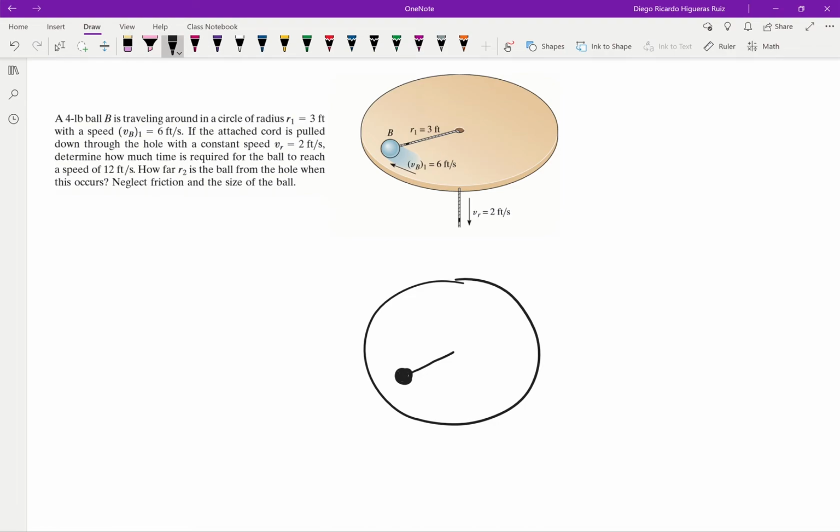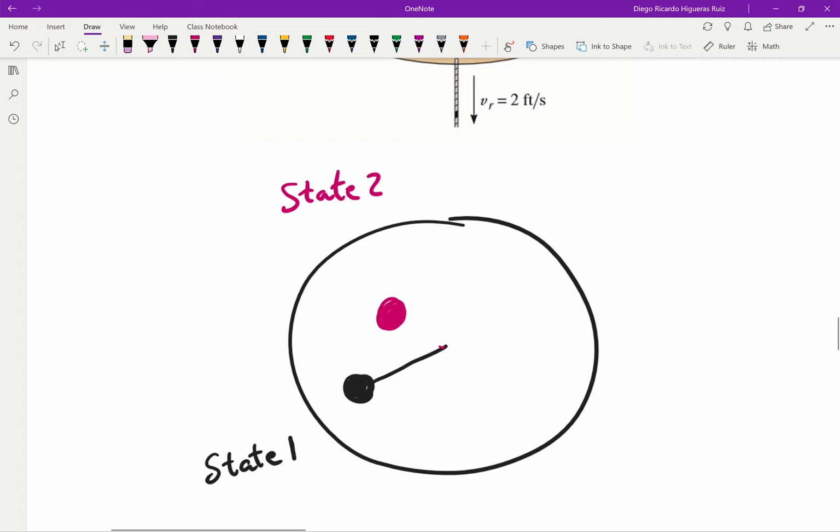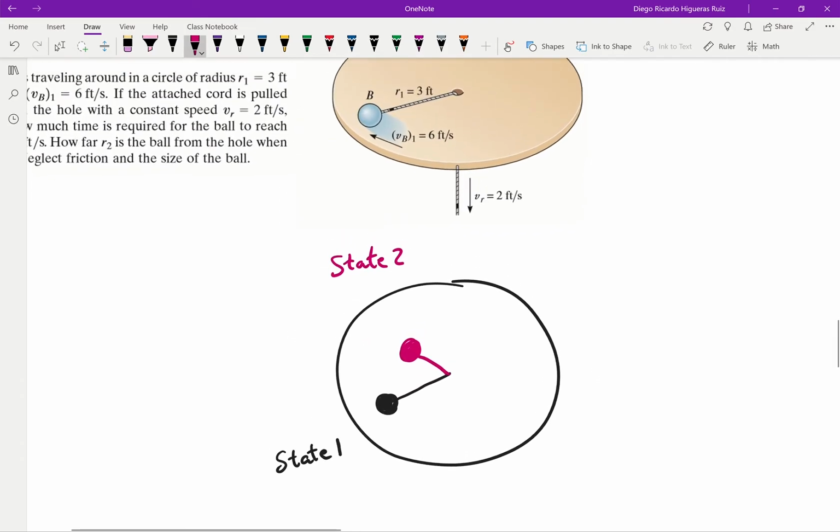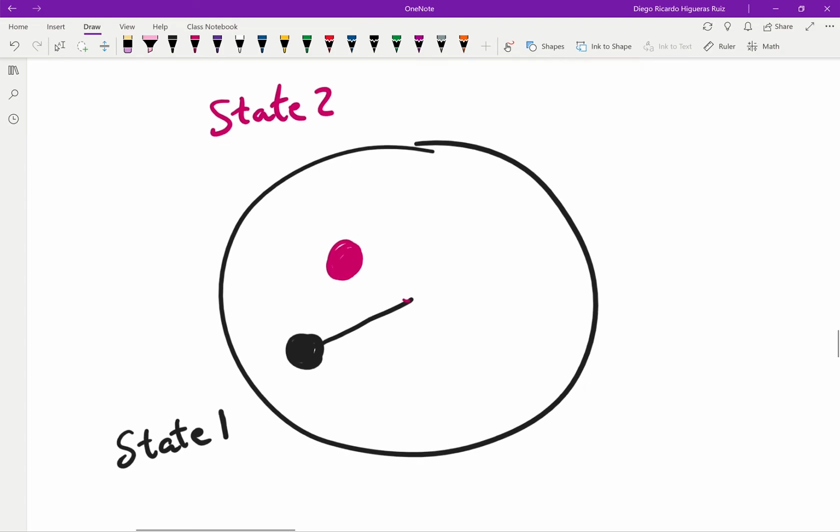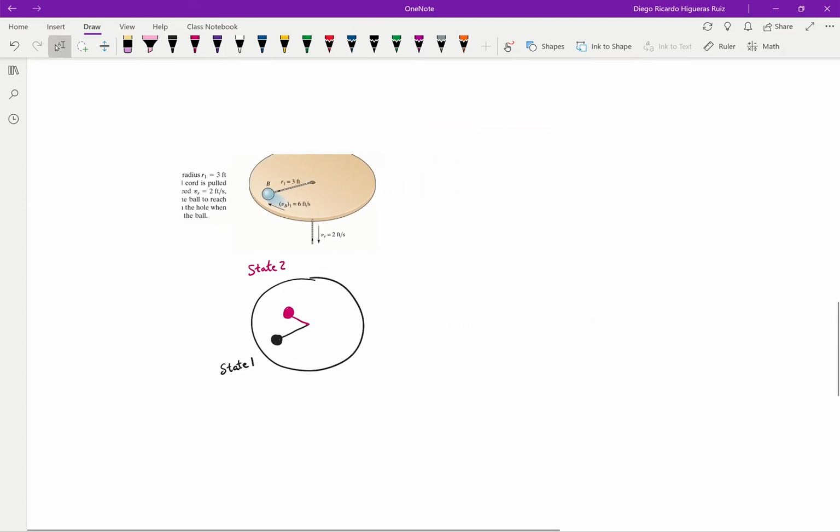So this is going to be my state 1, and then this is going to go to somewhere here, state 2. There we go. Okay, now let me try to make this straight. Okay, that's a little bit better.